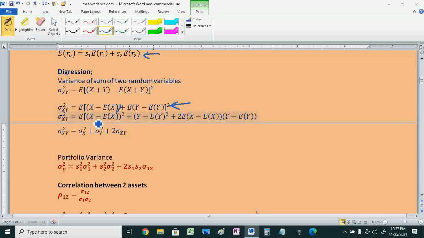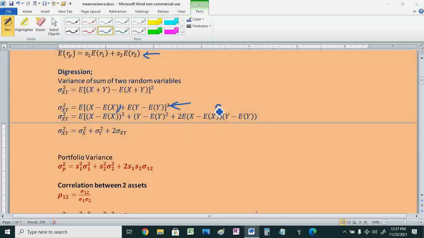So this is the variance of x, and similarly the y minus expected value of y squared is the variance of y, and this 2 times E of x minus Ex and y minus Ey actually is the covariance.